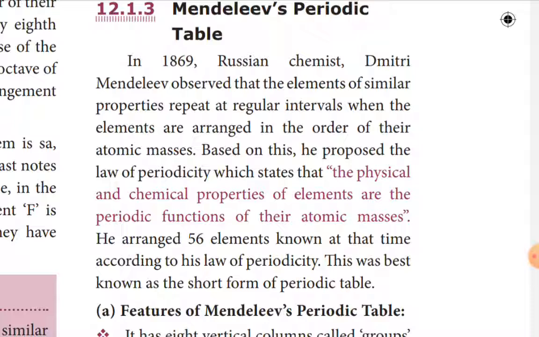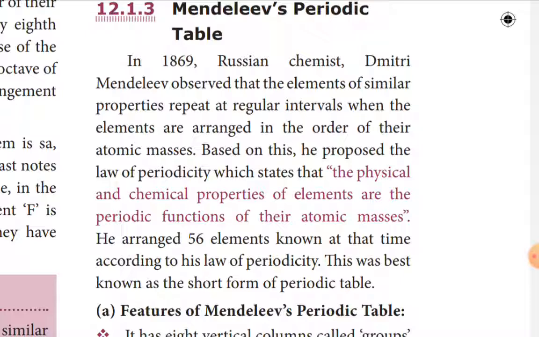That is the volume and the external properties. Chemical properties are how they combine with other elements to form a new compound. So these physical and chemical properties gradually change based on the atomic mass. That is the meaning of this periodic law.